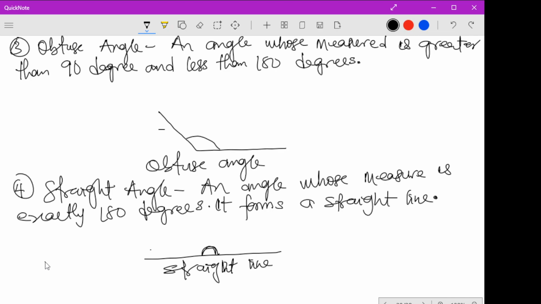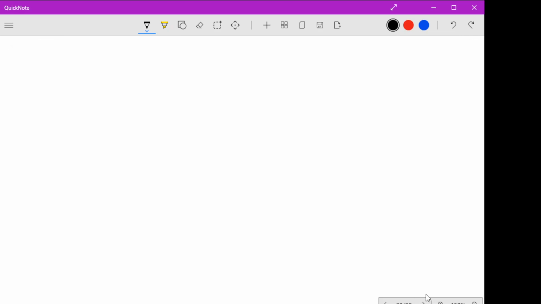So the next type of angle we are able to explain is what we call a reflex angle. Let's talk about a reflex angle. That is number 5.